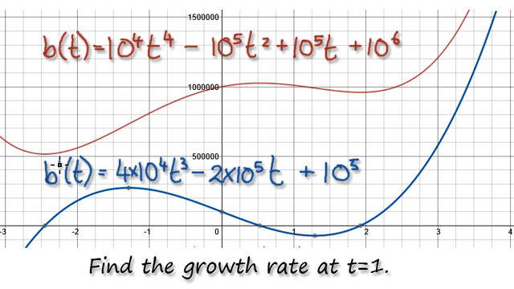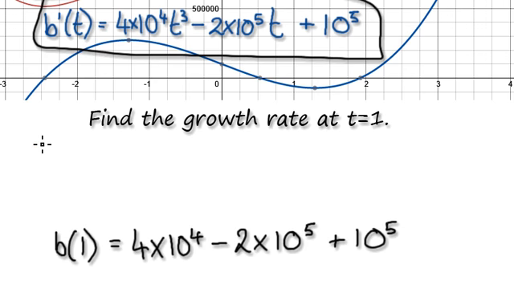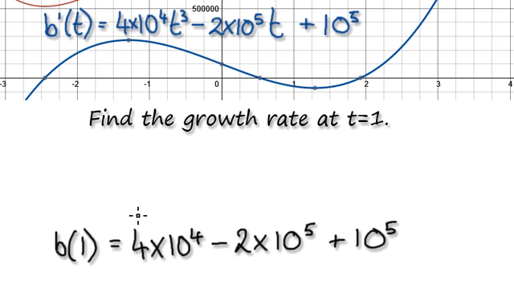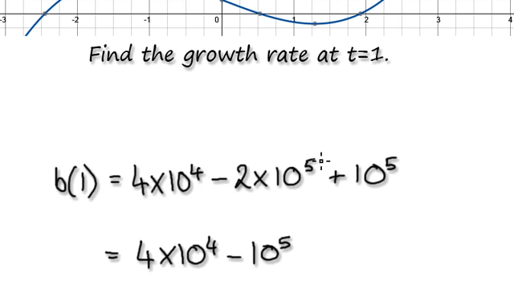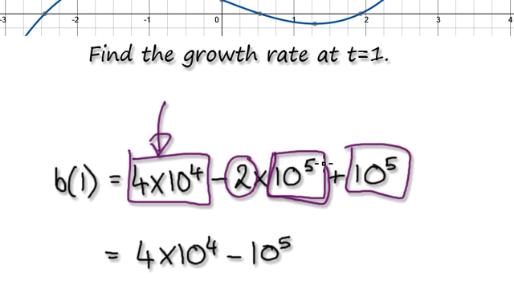Put 1 into there, and you will get this whole thing here, and then it's just a matter of tidying up. Think of it as blah blah blah here, take away 2 elephants, and then you plus 1 elephant. That's like you taking away 1 elephant.